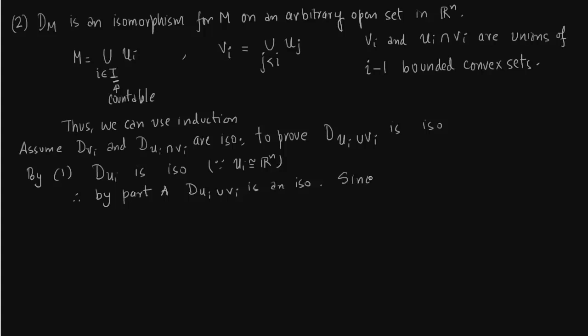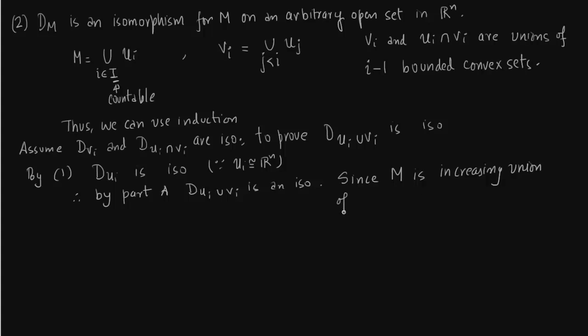Okay, now since M, the way we have written it, is an increasing sequence of Vi, it is an increasing union of Vi.